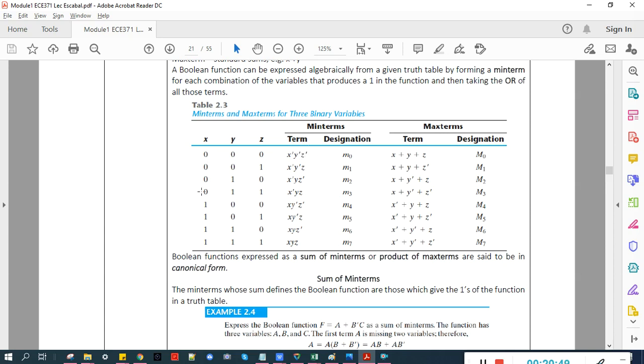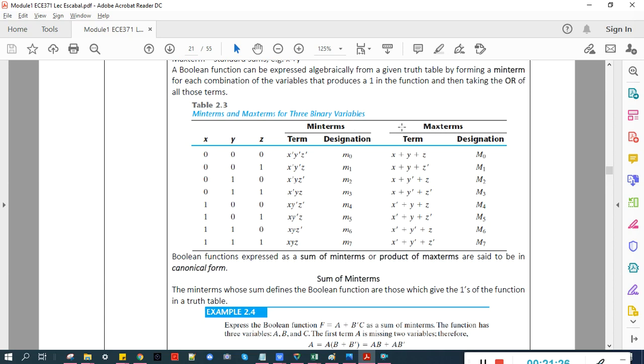And for example, this mean term is 1 if x is 0 and y and z are 1, right? Because 0 prime is 1, and then y, z are both 1, so 1, 1, 1. If you AND that, the result is 1. We have mean terms from m0 to m7.